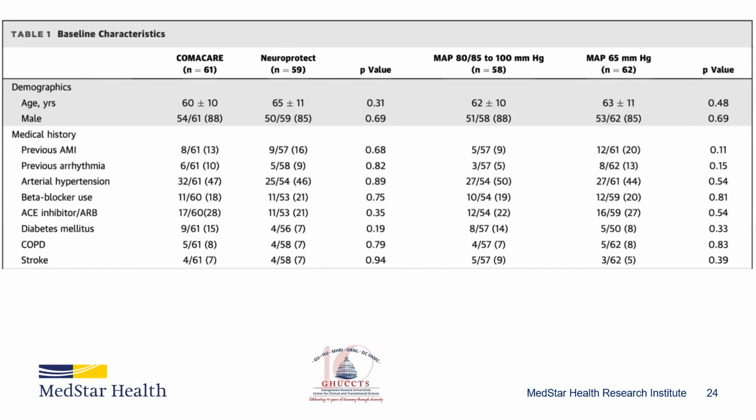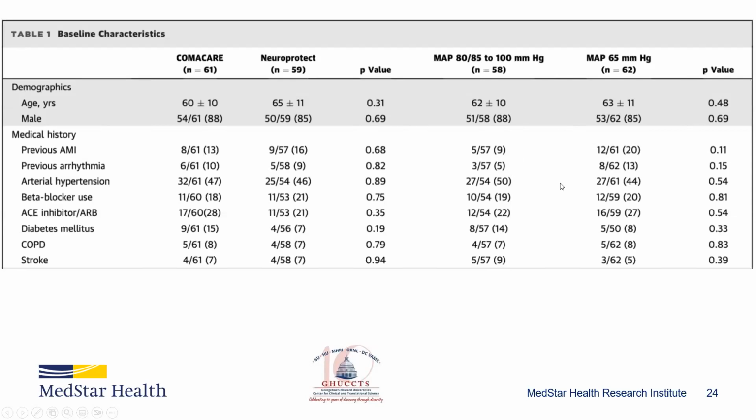They have age and distribution of sex and medical history. But you see that for each of these, they have a p-value out here. So that means that what they did was hypothesis testing for each of these variables.